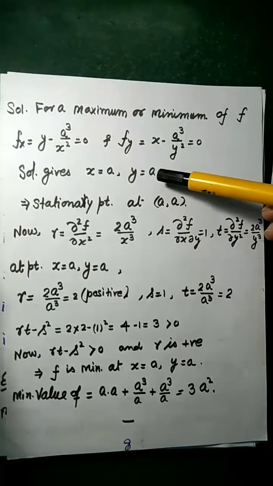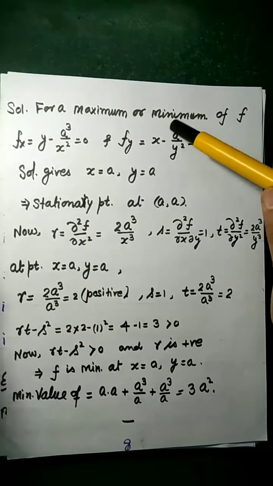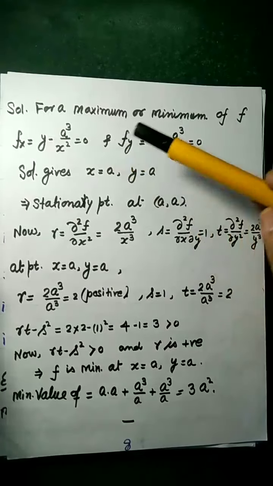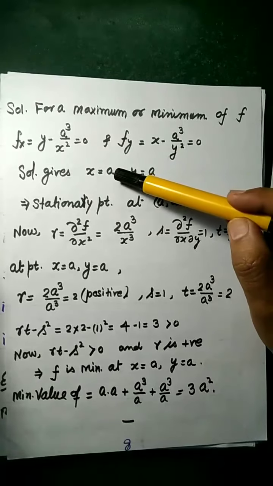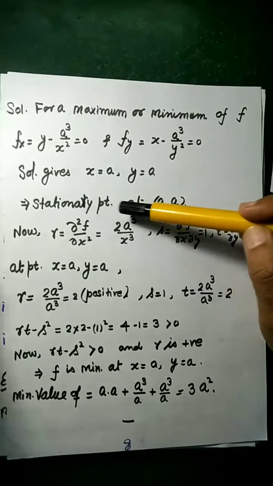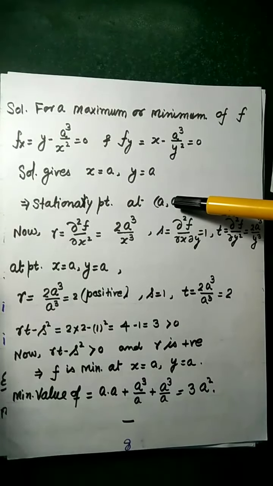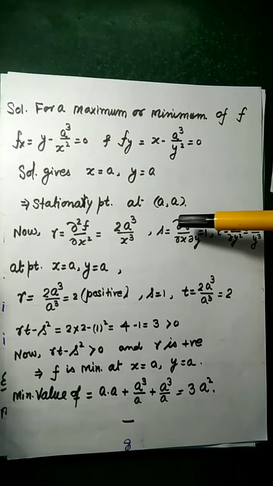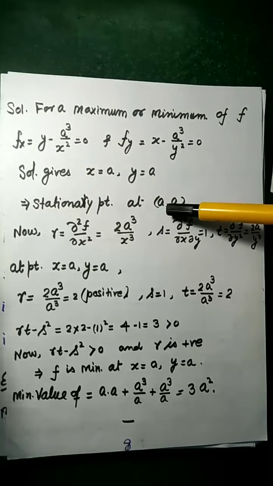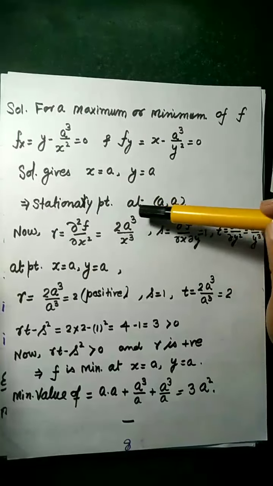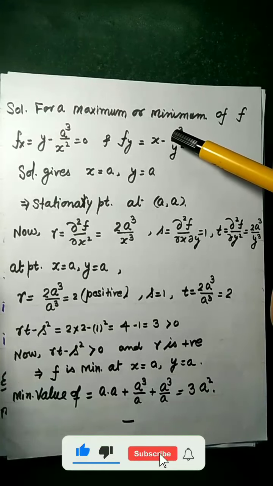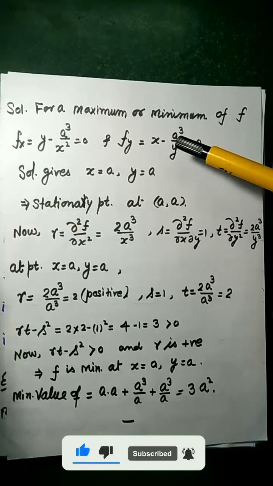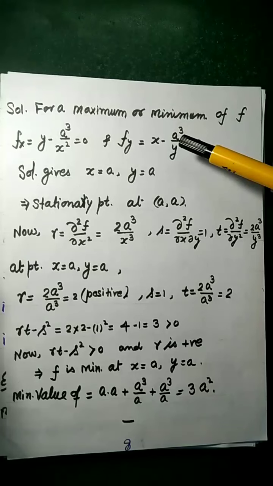Points where the first partial derivatives vanish are known as stationary points. So (a, a) is the stationary point where the first order partial derivatives become 0.